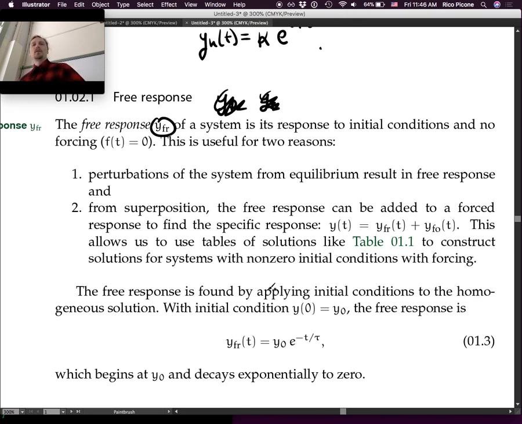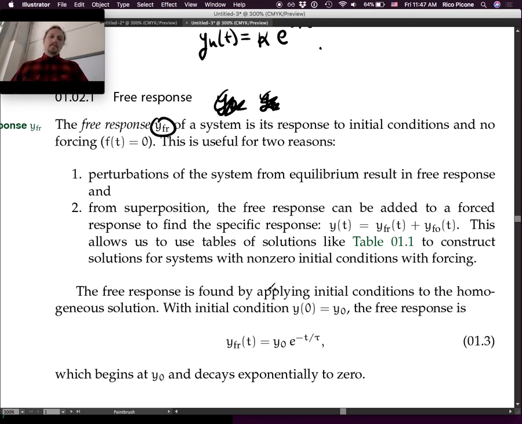So it's useful for 2 reasons. 1, perturbations of the system from equilibrium result in free response. Okay, so if it's at some equilibrium and the system gets perturbed a little bit. I mean, a pendulum's a nice system to think about because we all have some intuition on it. It's like a little gust of wind came by and knocked your pendulum a little bit to the side. It's going to then respond in free response from that.